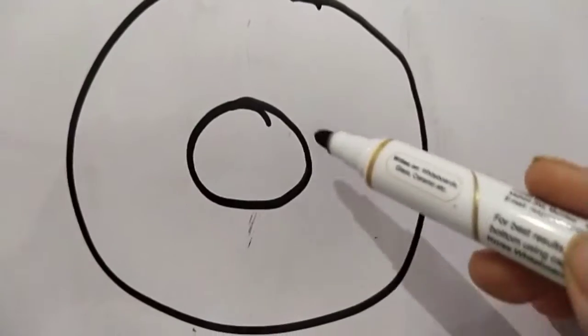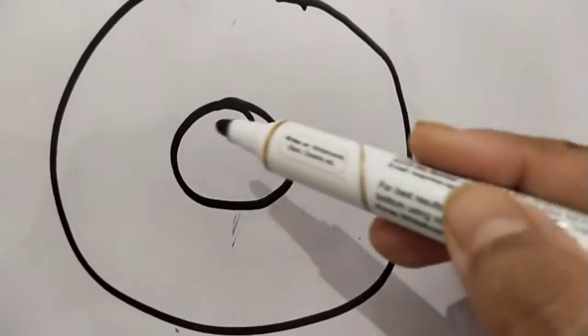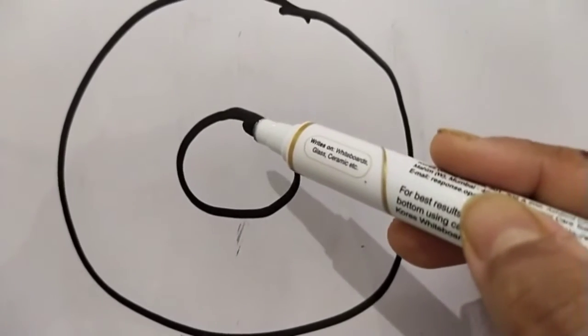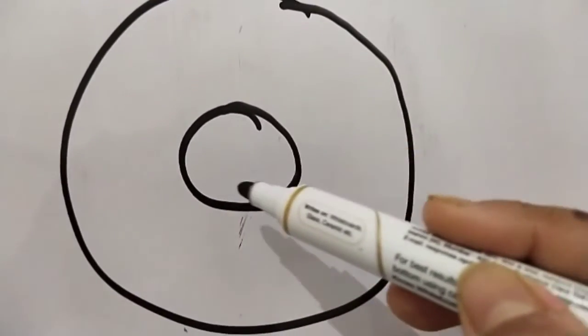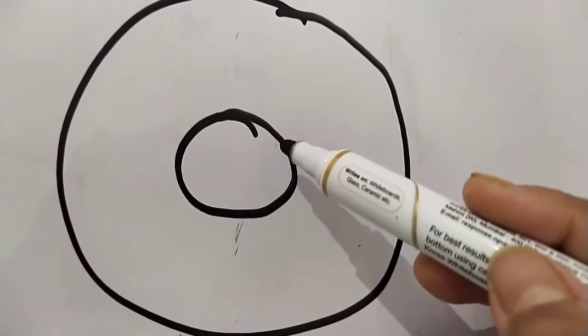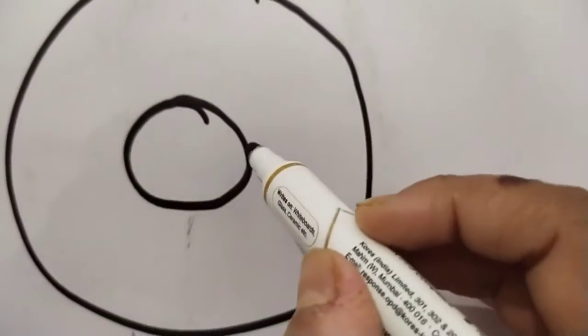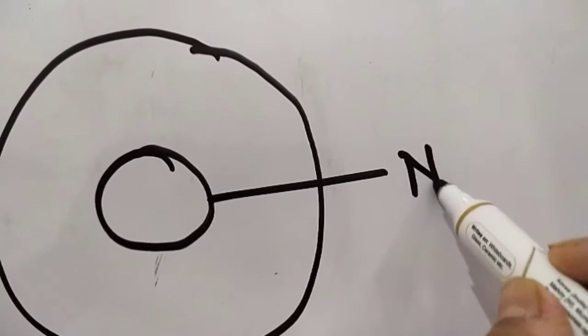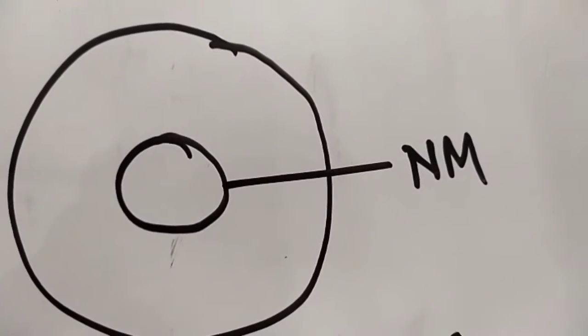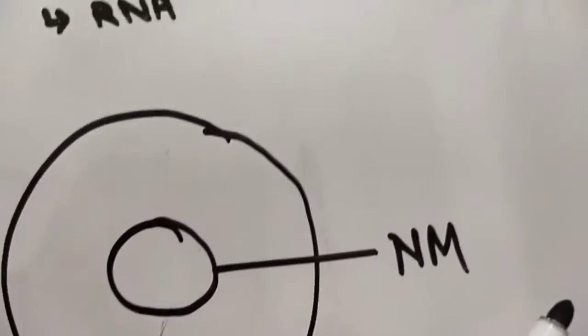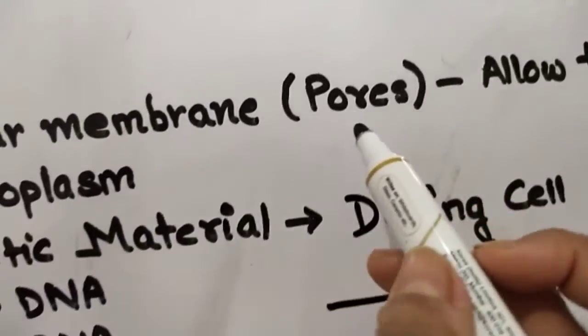The whole area is the nucleus, and this membrane that we draw to mark the whole area will be called the nuclear membrane. The nuclear membrane, just like the plasma membrane, will have pores.